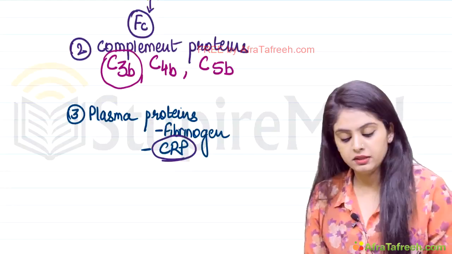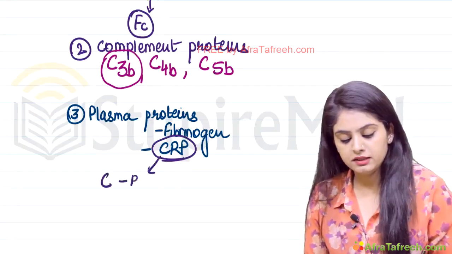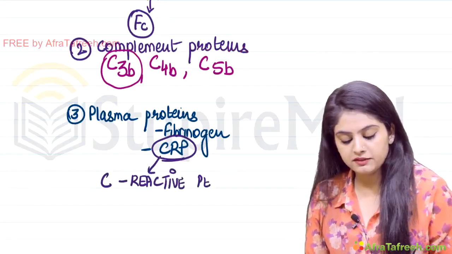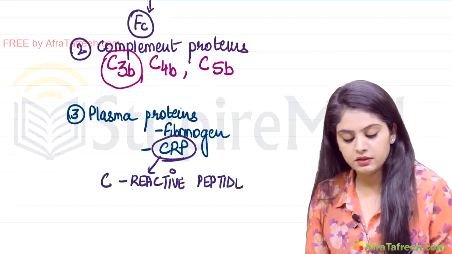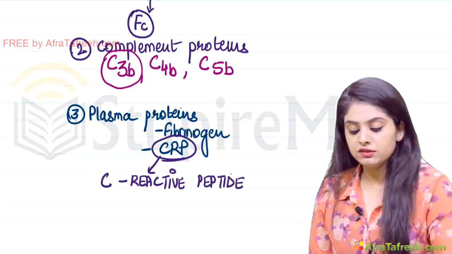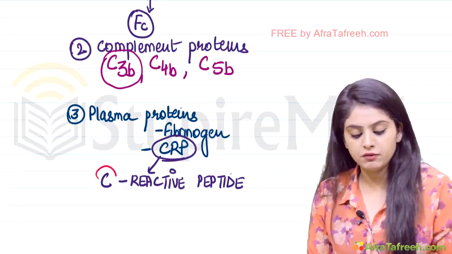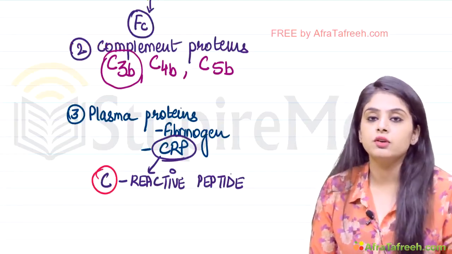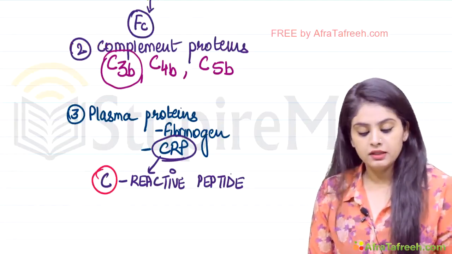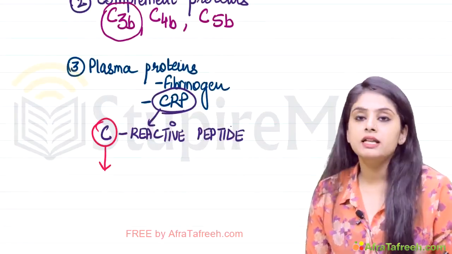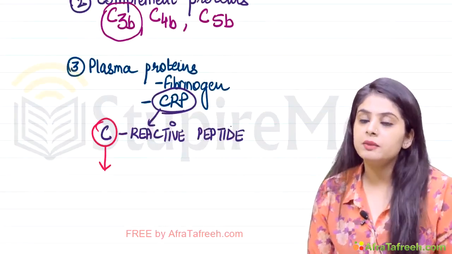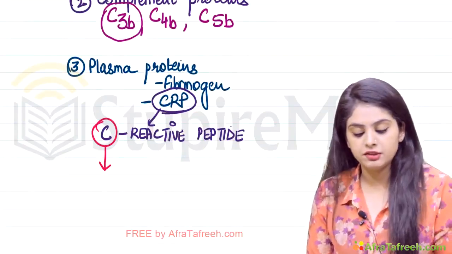What is CRP? It stands for C-reactive peptide. Now students, although we've elaborated this C-reactive peptide, there is one full form which no one usually focuses on. What is this C? This C is not only what we need to know for our concept building, but also what has been asked as an MCQ.